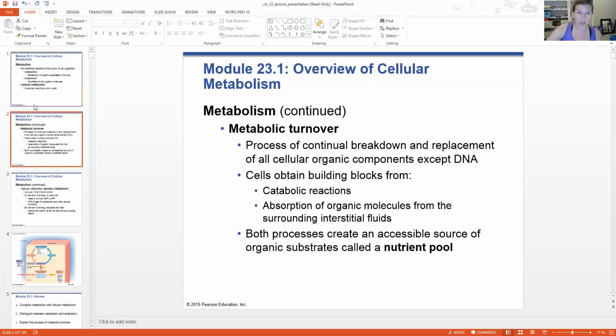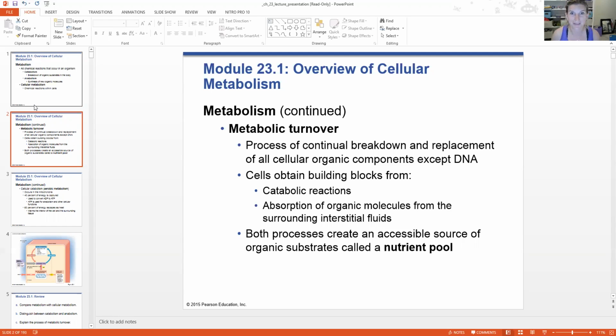The metabolic turnover in our body and in our cells is the process of breaking down and replacement, this kind of recycling of organic material that's happening over and over again in all of our cells, as our plasma membranes are continually being renewed and replaced by the Golgi, right? If you remember back to some of those cellular mechanisms, and as our proteins are being reused and recycled and broken down, right?